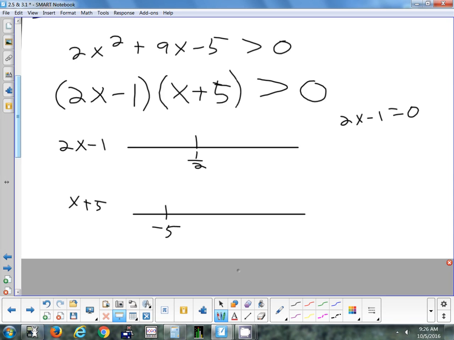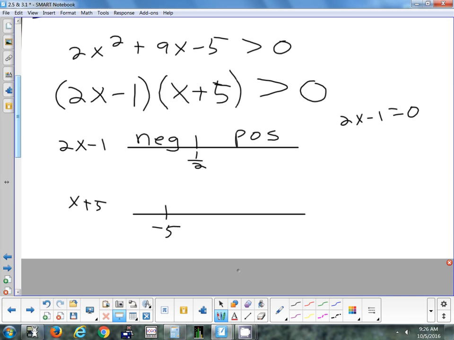That's another negative. And less than -3 in the third one. That's another negative. So in the first section, it's a negative times a negative times a negative, which is a negative.